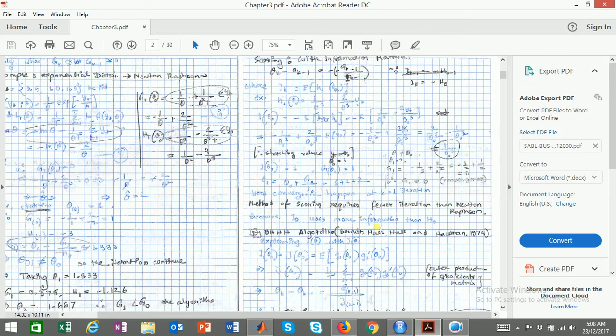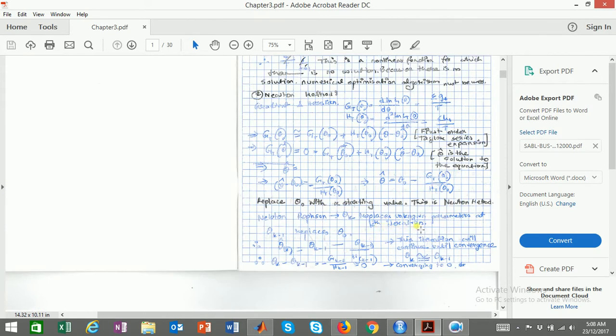Newton-Raphson is when theta k replaces the unknown parameters at the kth iteration. Just having a look at it, here the gradient is gk, and the Hessian is included. This is the iteration that will continue until convergence happens, and that convergence will happen when the gradient equalizes at 0.